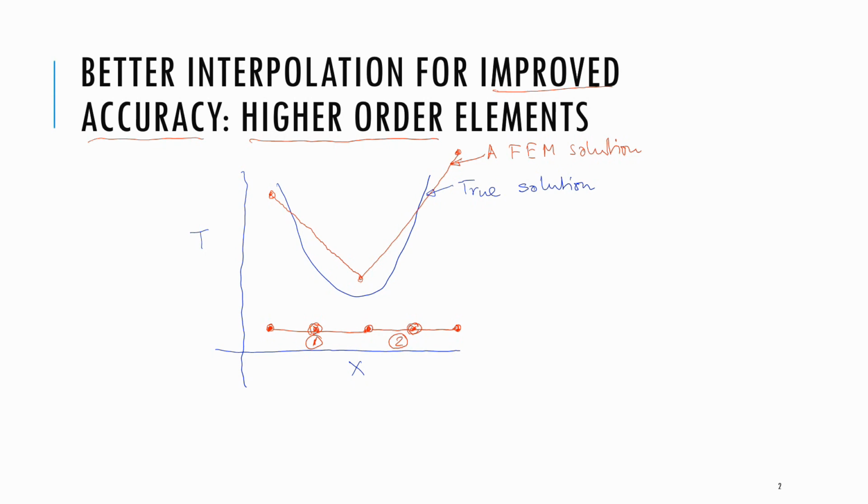So now the solution might look something like so. If I join now using this point as one of the points in the interpolation process, we can do this in a quadratic way.